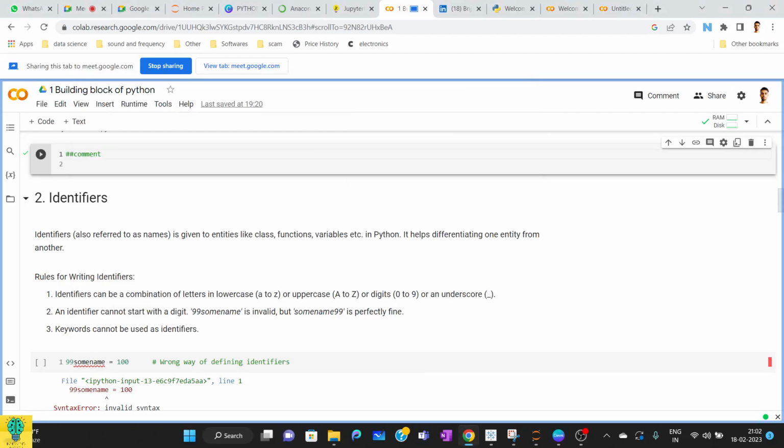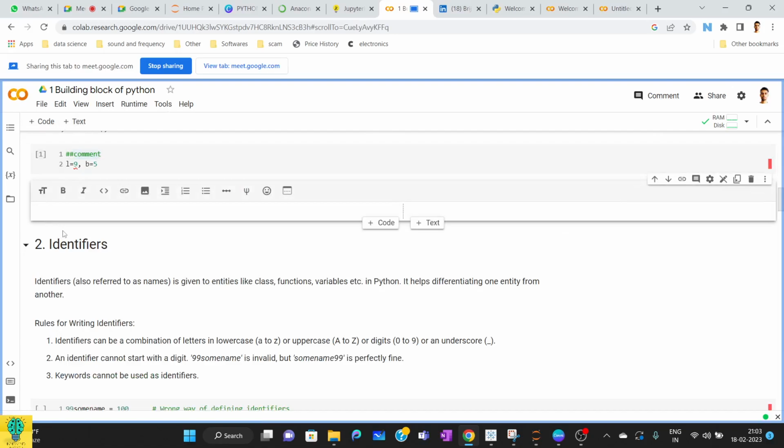Similarly, in maths, if I say I want a rectangle whose length is 9 and breadth is 5, so length is equals to 9 and breadth is equals to 5. Suppose this is what I want, a rectangle. Let me write it in text block.